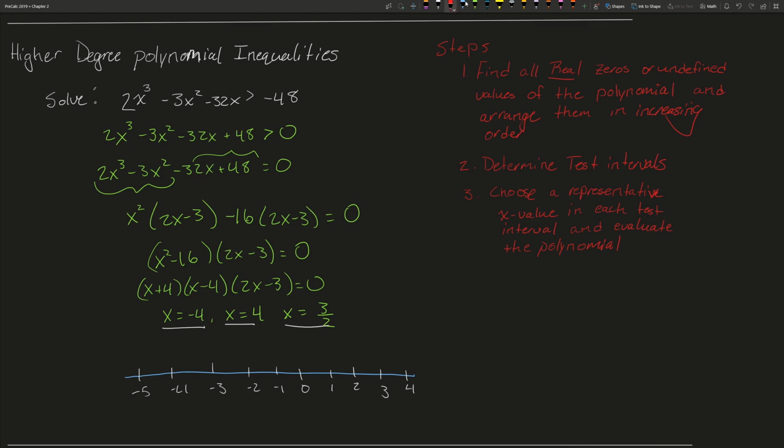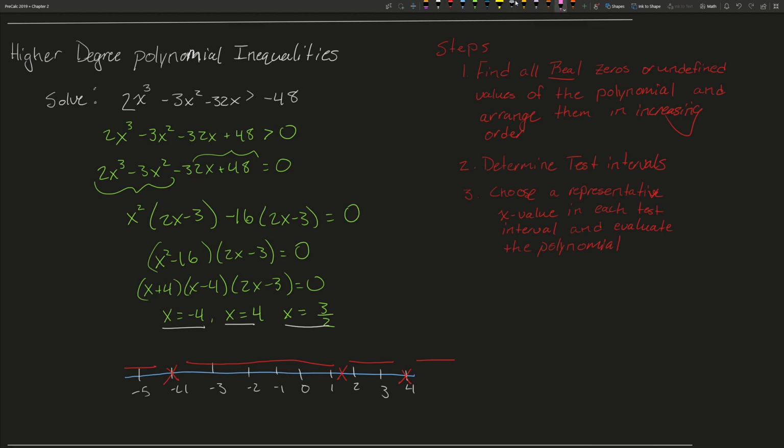So we have everything to the left of -4, everything to the right of 4, and then we have 3/2 somewhere in between. So now, instead of 3 intervals, we have 4. We have everything to the left of -4, everything between -4 and 3/2, everything between 3/2 and 4, and then everything to the right of +4. So then we need to test an x value in each of those intervals.